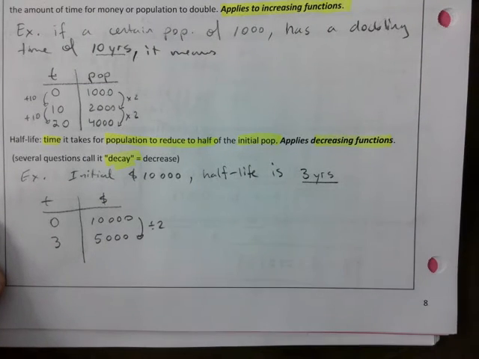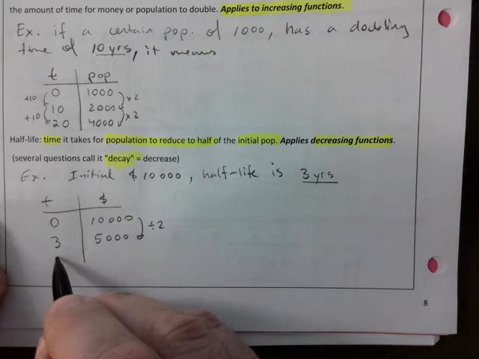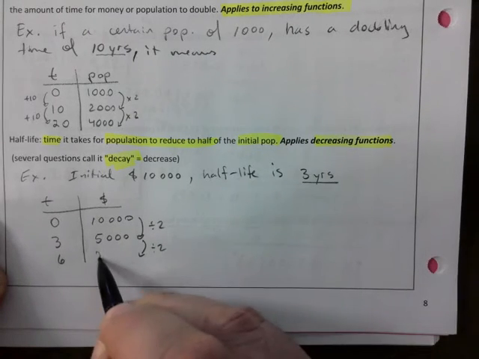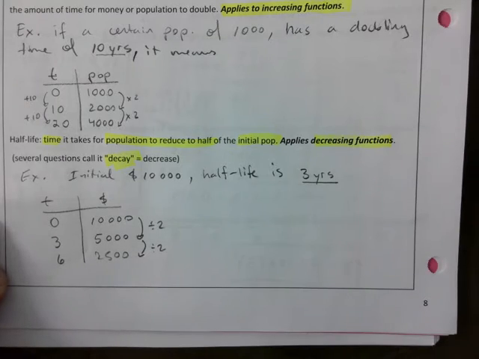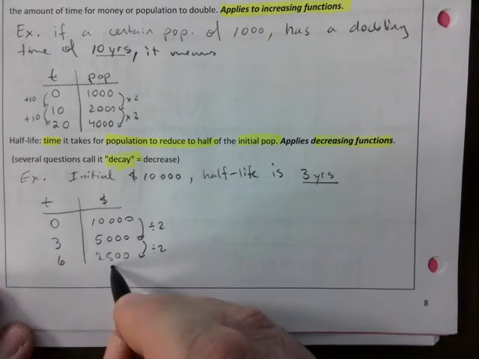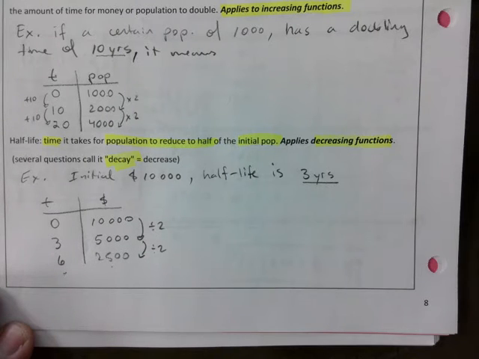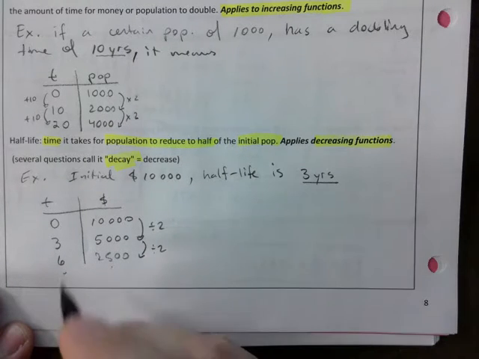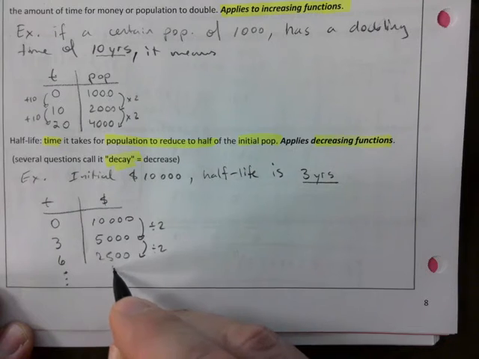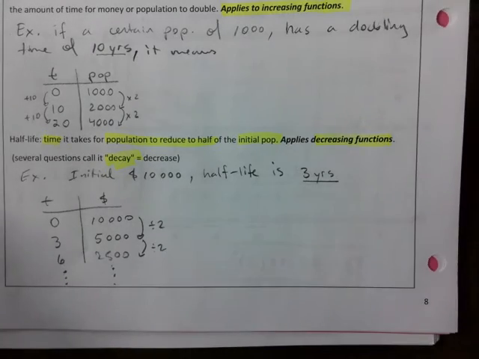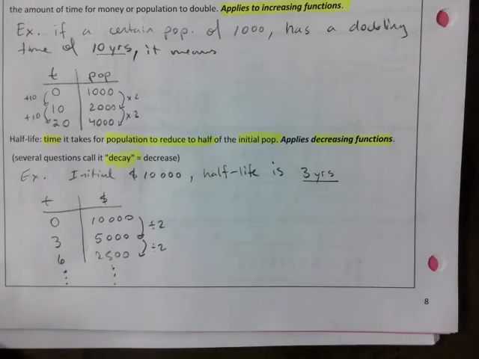That's what half-life is. After another 3 years go by, you're going to be down to half again. So that's 2,500. And this actually keeps going indefinitely, but 3 will be enough. Okay. Page 8. So that's the difference between half-life and doubling.